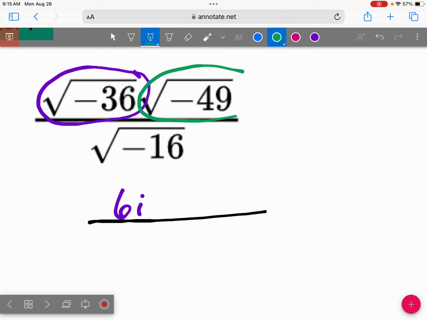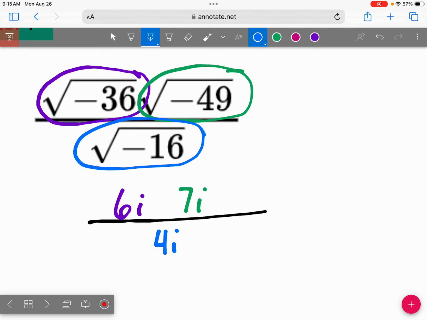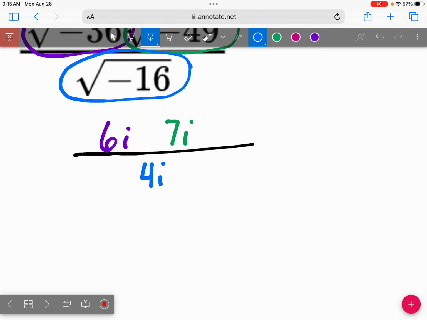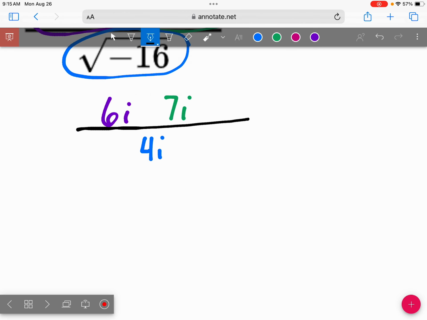Our square root of -49, 7i. And our square root of -16, 4i. So when we simplify, what are we going to get?